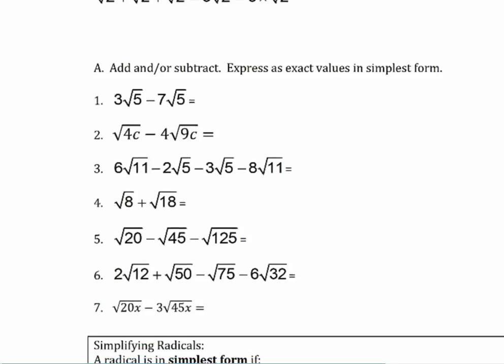So, very basic example, let's look at the very first. If I have 3 root 5s and I want to take away 7 root 5s, how many root 5s do I have? So we subtract the coefficients, 3 minus 7, negative 4 root 5s. How could you check your work? Calculator.